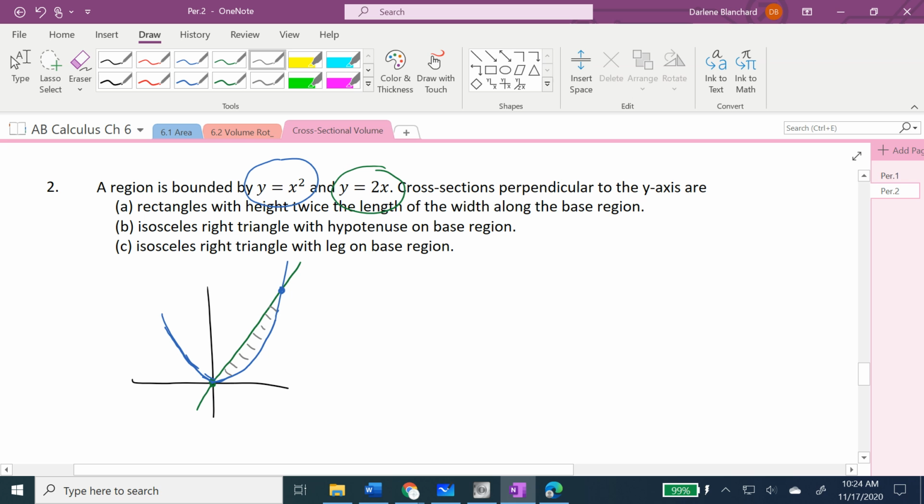So I've got the region between the two curves, but this time cross sections are perpendicular to the y-axis. So that means in the region, draw a little line segment that goes from one function to the other that is perpendicular to the y-axis.